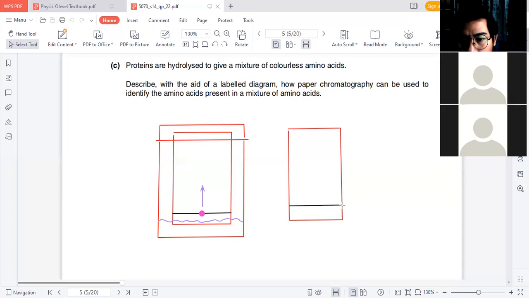Now the spots show different colors, like here, then here, then here. Then you compare that with your particular sample. So that's how you do paper chromatography.